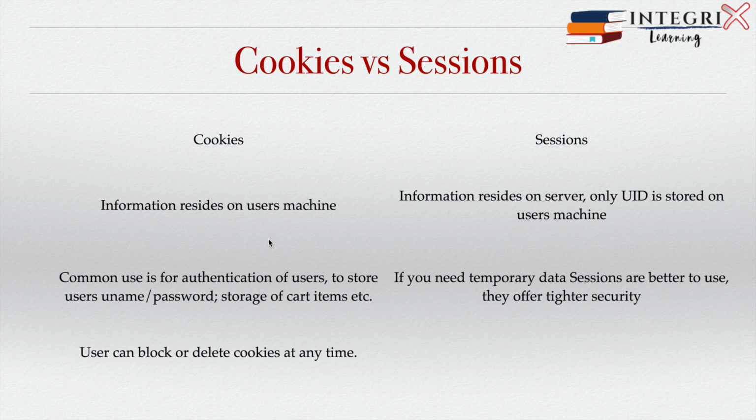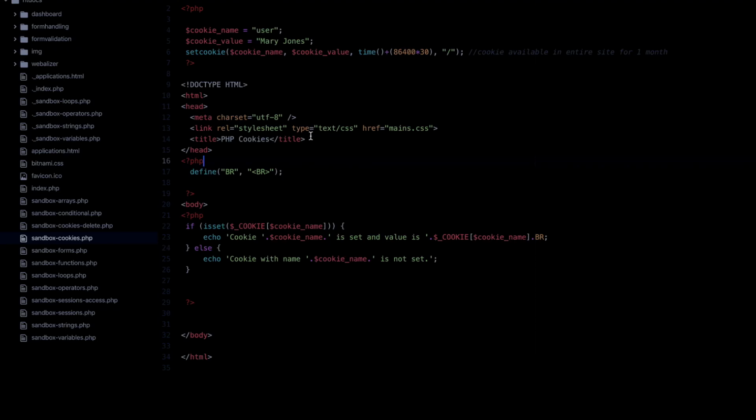So there is nothing which you are storing on the user's machine, and you are more in control of the session's data. In cookies, the user can block or delete cookies at any time because it's physically residing on the user's machine. Let's go to our sandbox for cookies.